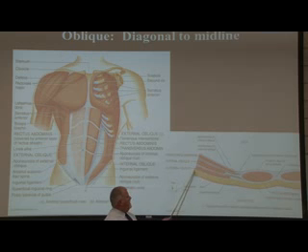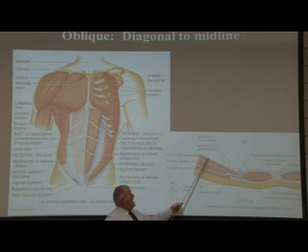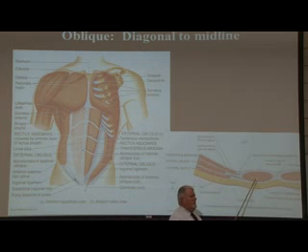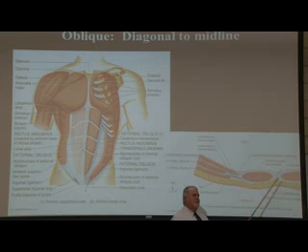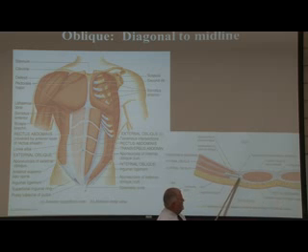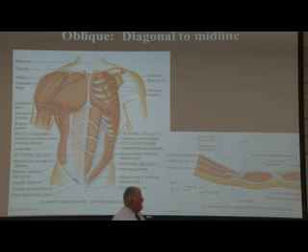So we have the external oblique, which is our most superficial muscle, and the internal oblique, which is an in-between muscle, so that the side walls of our abdomen are actually comprised by 3 muscles: external oblique, internal oblique, and then transversus abdominis, whereas the only muscle anteriorly on the abdomen is the rectus abdominis, which runs parallel.